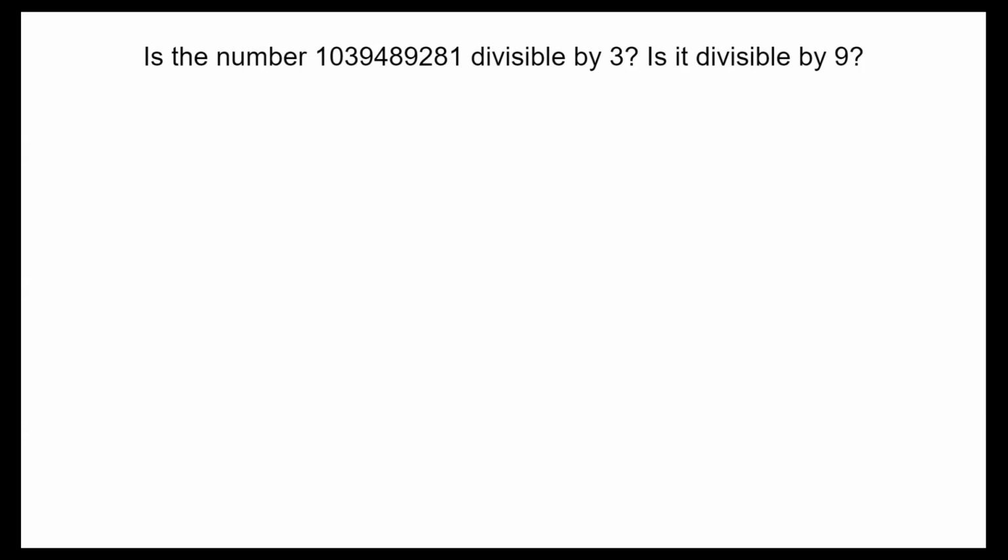Okay, so let's go over this problem. The divisibility rules by 3 and 9 both involve adding the digits of a number. So let's do that. 1 plus 3 plus 9 plus 4 plus 8 plus 9 plus 2 plus 8 plus 1. You could choose to add all of these numbers together, or you could try to group them.